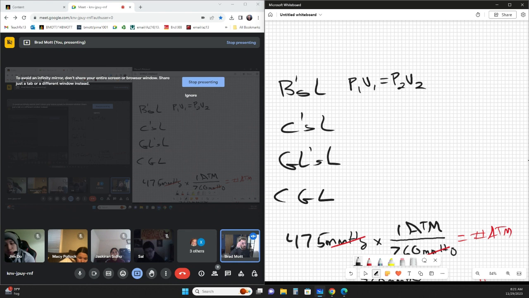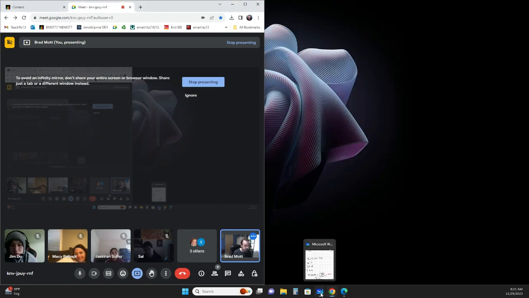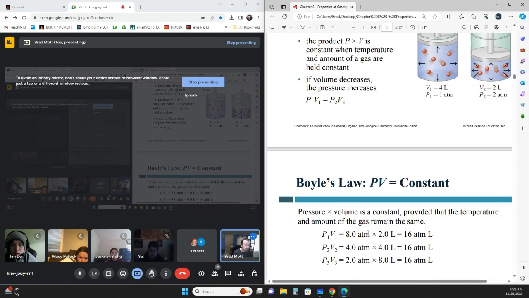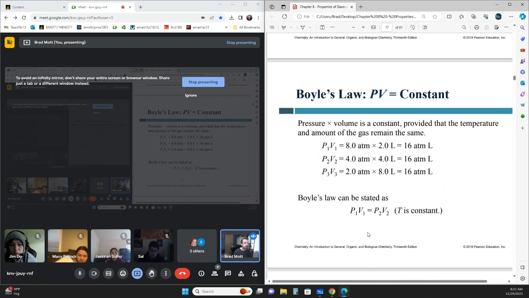That's Boyle's law. And we're holding what the same? We're holding temperature and the number of gas particles constant. So what does that mean for our purposes? It means we get to do calculations with it.